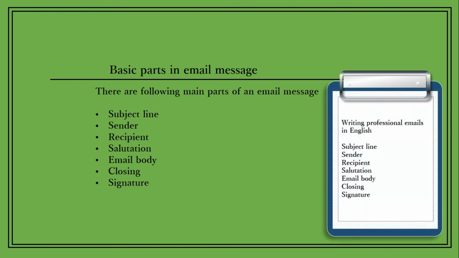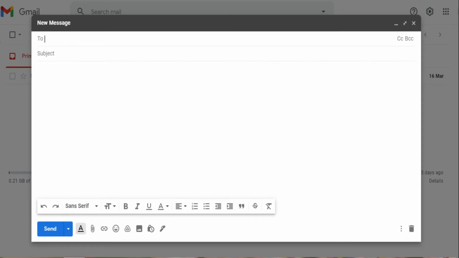Basic parts of an email letter are the following: subject line, sender, recipient, salutation, email body, closing, and signature. Here you can see all the basic parts of an email letter. In that section 2, we write the email of the person to whom we are sending our email.